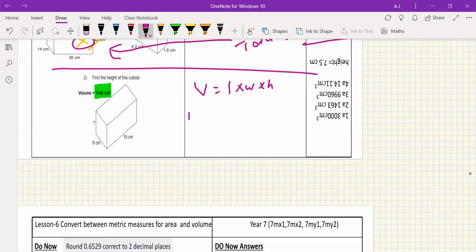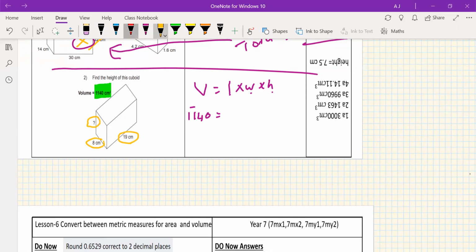Volume is equal to 1,140 centimeters cubed. For that, I need to times these three here, length, width, and height, to get the answer 1,140 centimeters cubed. And I also have a few pieces of information here, 19 centimeters, 8 centimeters, and something I don't know.